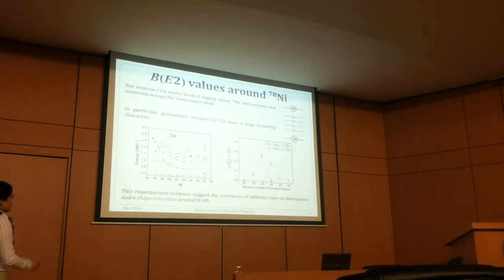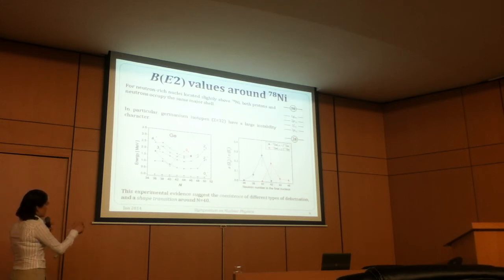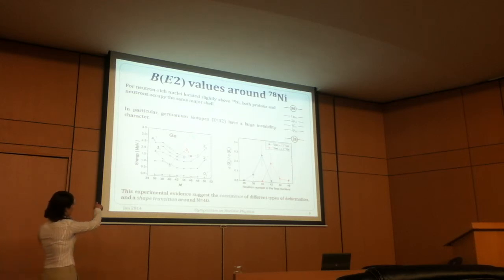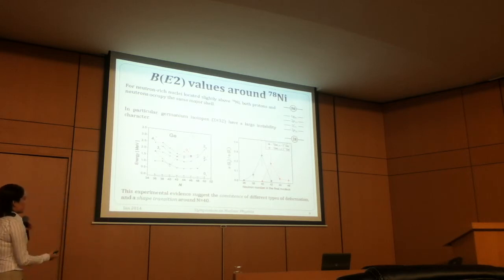In particular, for the germanium isotopes, here you can see some experimental evidence that shows a very erratic behavior in this graph, which shows the variation of the excitation energy levels as a function of neutron number. You can see that the erratic behavior of the second 0+ state indicates that some strange shape transition occurs around this isotopic chain.